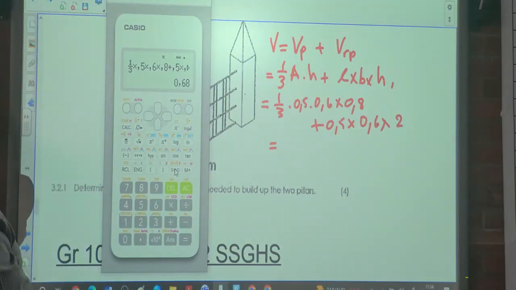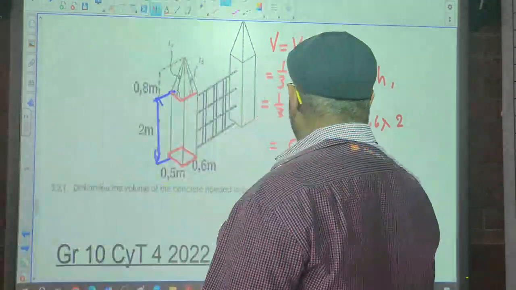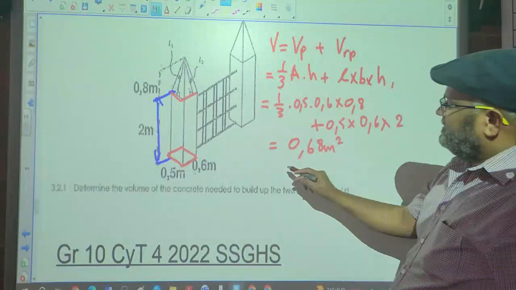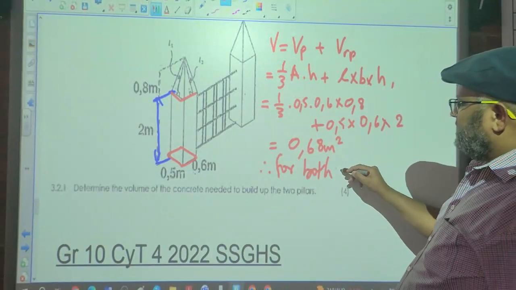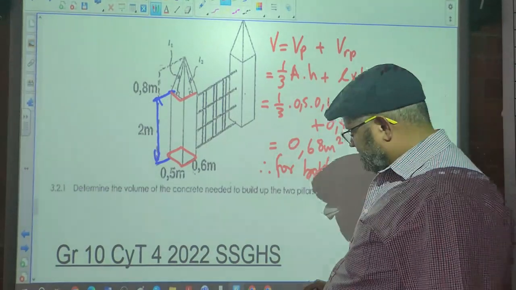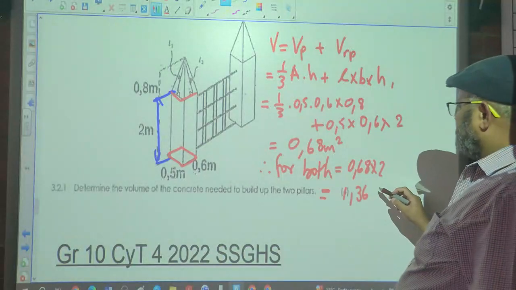It's going to give you 0.68. That's for 1, meter squared. Therefore, for both, it will simply be 0.68 times 2, which is 1.36. Let's check if that's right.